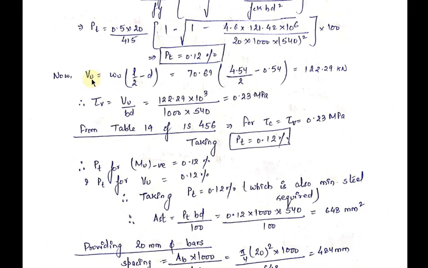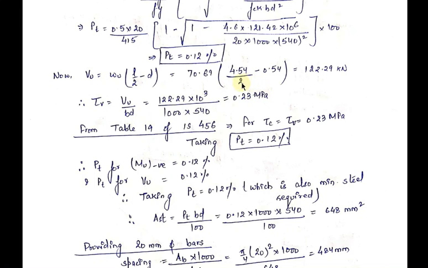I can find the ultimate shear force from this formula. We know W, L, and the effective depth small d. After putting the values, I will get the ultimate shear force as 122.29 kilonewtons. Therefore, tau V will be Vu upon bd, which will come out to be 0.23 MPa.